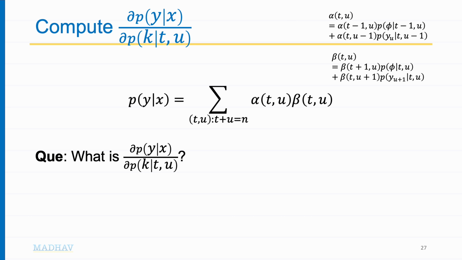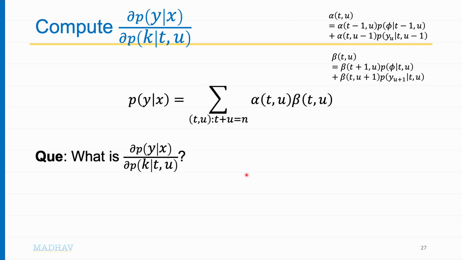P phi given tu and P of y u plus 1 given tu, right? Y u plus 1 is basically a character or a token. So the probability of this token given tu. So when k is equal to y u plus 1, that's where this term will be the same as pk given tu, right? So can you now find the derivative?